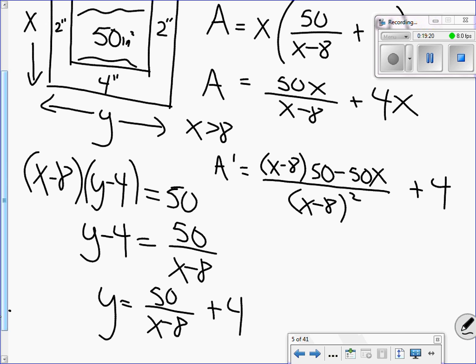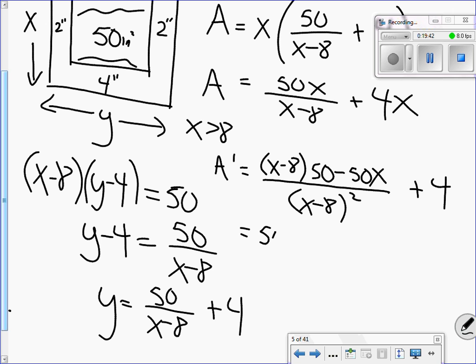Look at that numerator. You want to cancel the x minus 8? That is not allowed, because x minus 8 is not a factor of the entire numerator, only of the first term. Well, then what are we going to do? I'm just going to leave it? Let's distribute.